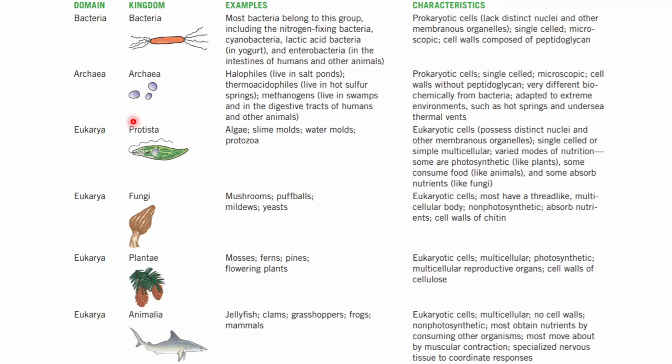Kingdom Monera was established to accommodate the bacteria, which are fundamentally different from all other organisms in that they are prokaryotic and lack distinct nuclei and other membranous organelles.